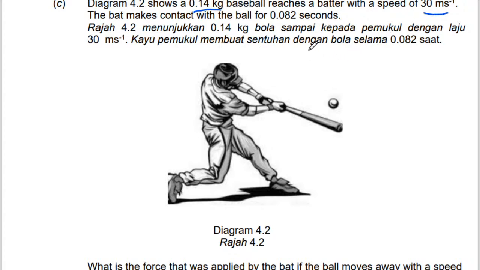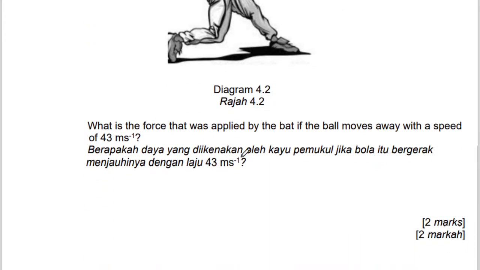So focus more on the unit. And then the bat makes contact with the ball for 0.082 seconds. Okay. Now the question, what is the force applied by the bat if the ball moves away with a speed of 43 meter per second?